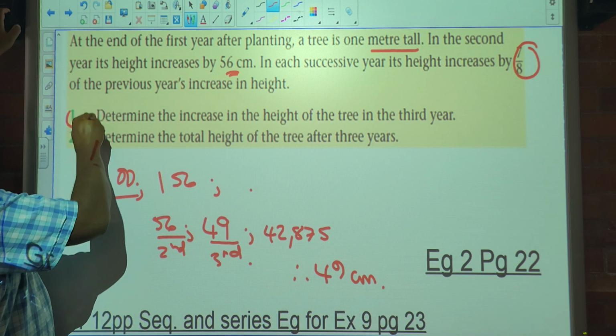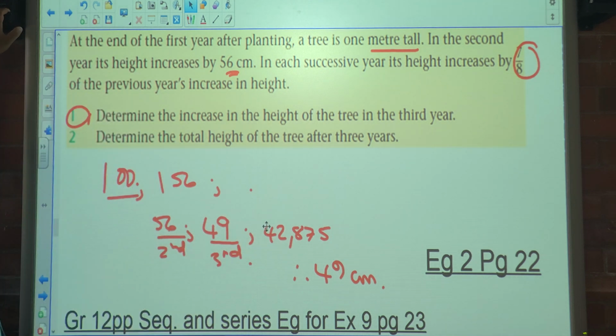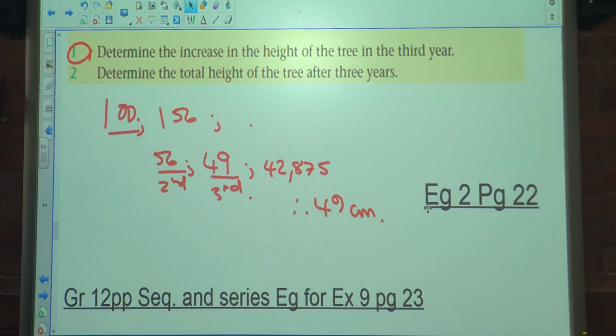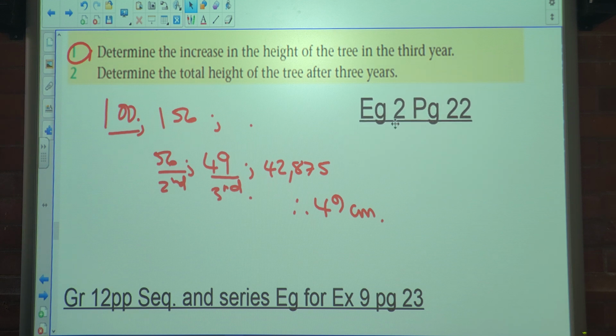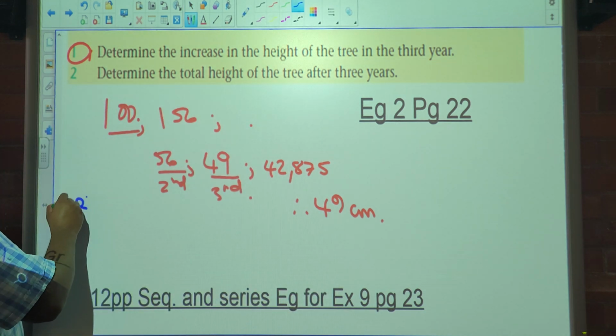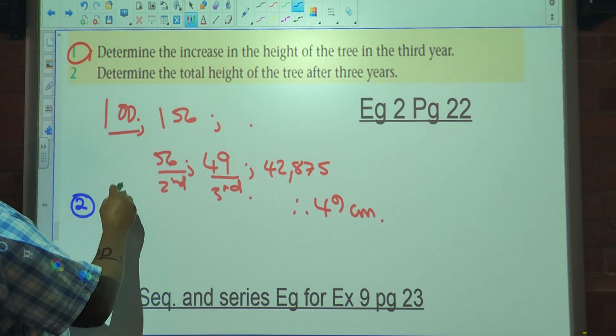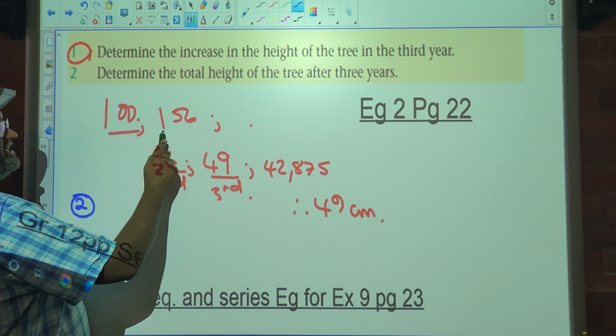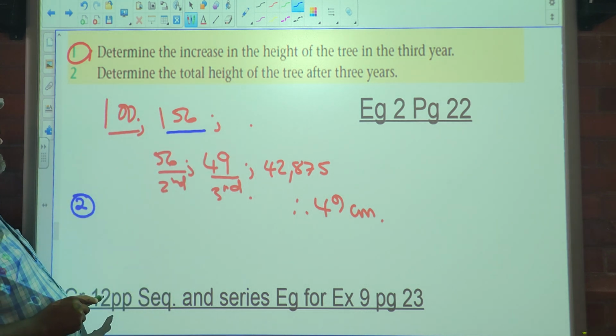Let's look at number 2. The next one says determine the total height of the tree after 3 years. So the total height after the first year is 100, after the second year 156 centimeters.